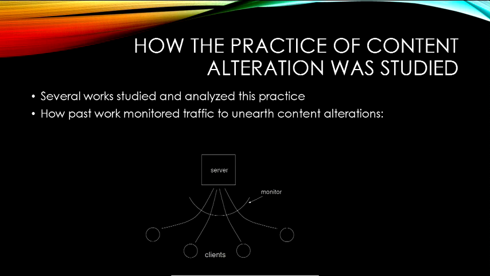Now, this is a great method to discover many content alterations for many clients in diverse geographies. However, it has one caveat. All clients fetch the same web content. So this tends to reveal content alterations by ISPs that are usually oblivious to the content they alter.